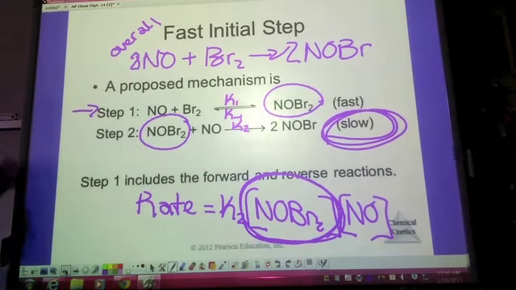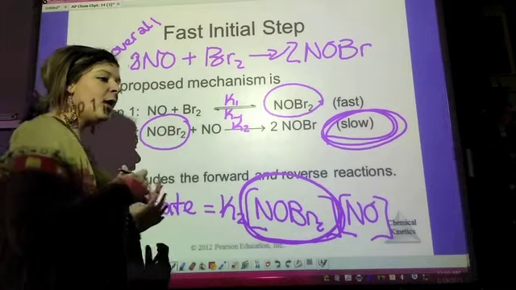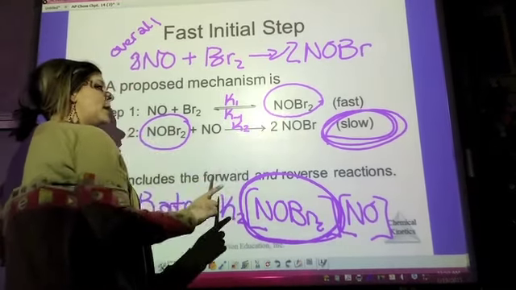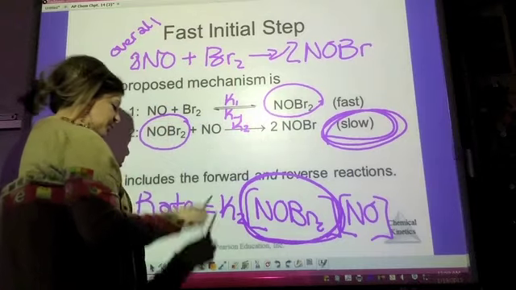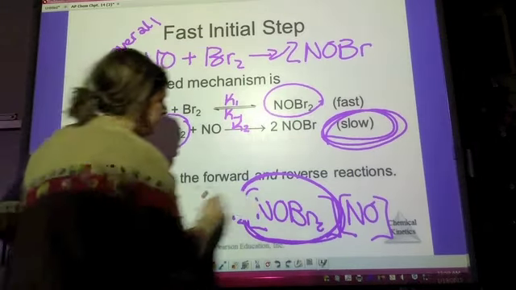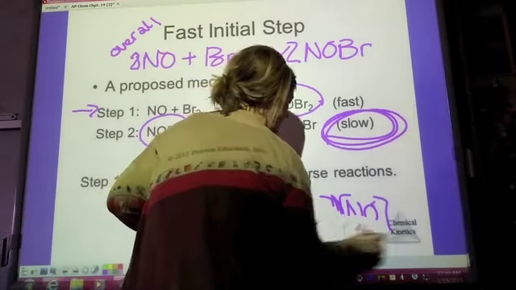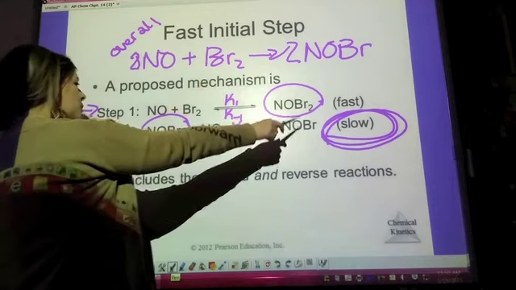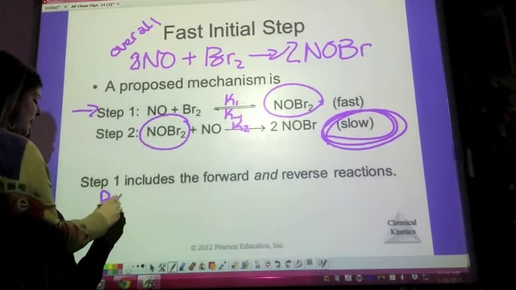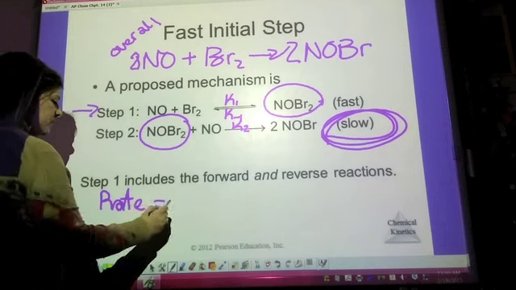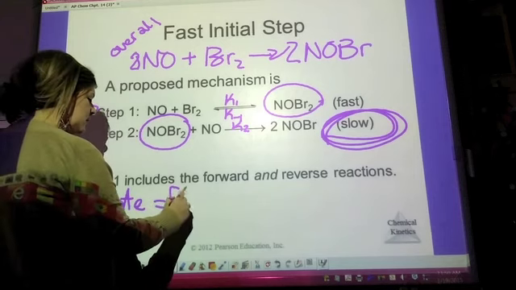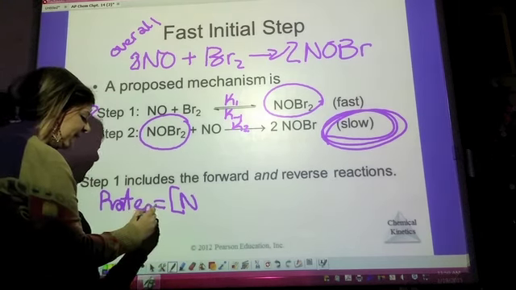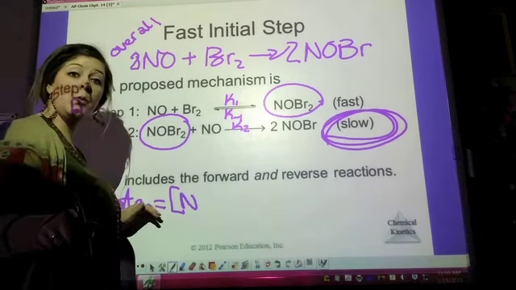If that's true, then I want to write the rate law for the forward reaction as well as the rate law for the reverse reaction. So let me make some space down here. If I wanted to write the rate law for the forward reaction, let's say the rate of sub F, meaning the rate of the forward reaction.